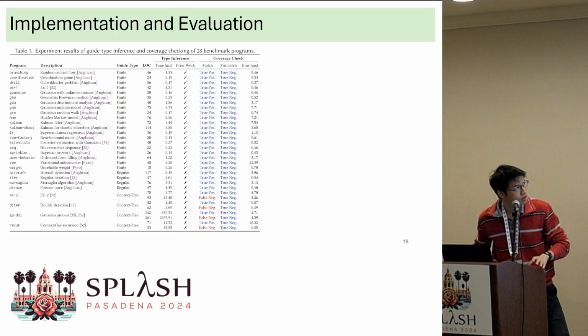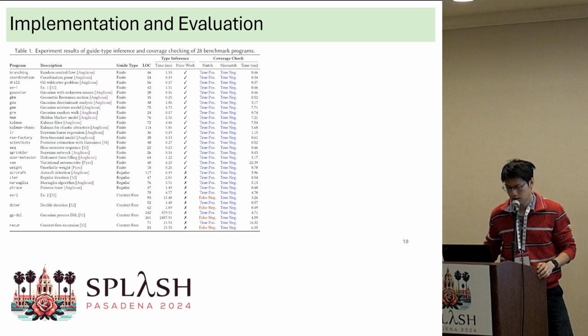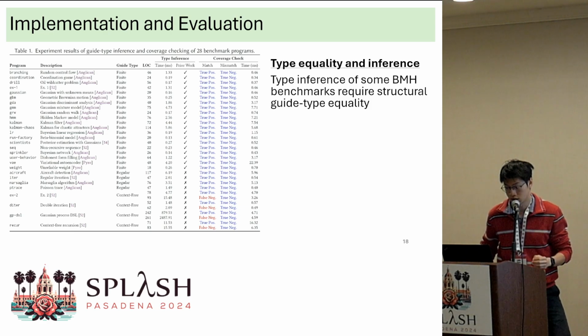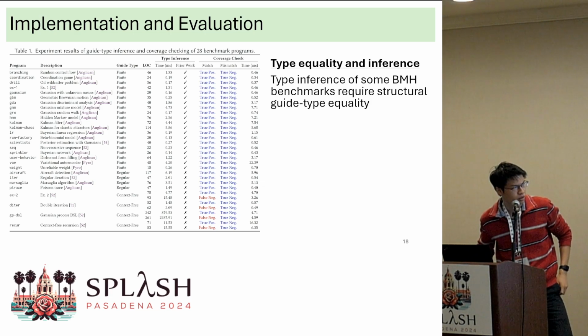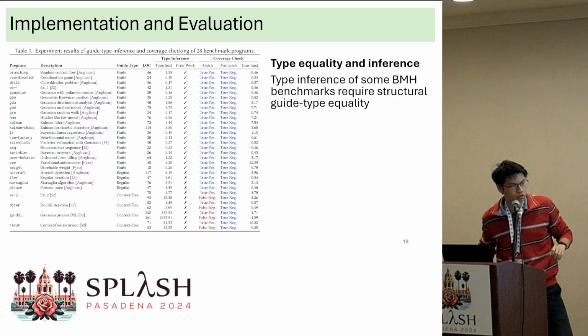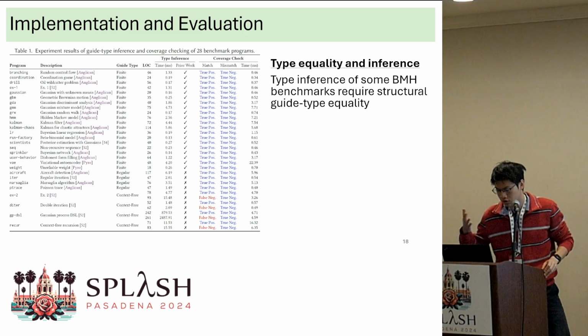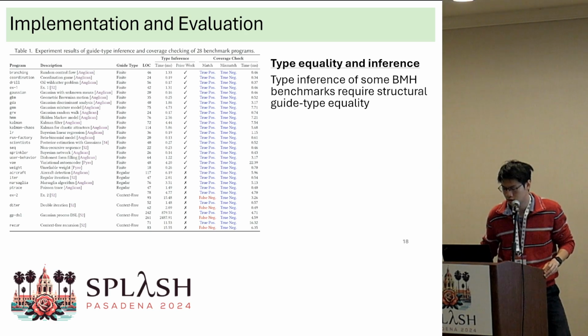So lastly, let me briefly talk about our implementation and evaluation. We implemented an algorithm for checking structural type equality and embedded it into type inference. For the benchmarks, this is the table which is available in the paper with more details. But for the benchmarks, we reuse the benchmark programs from the previous work by Wang and his colleagues from PLDI 2021.